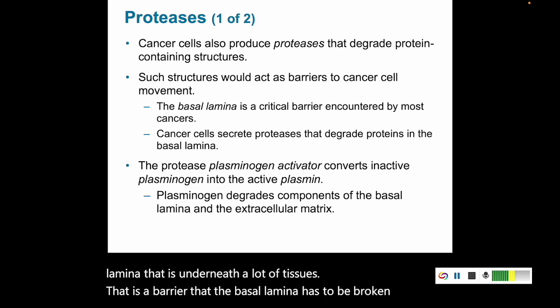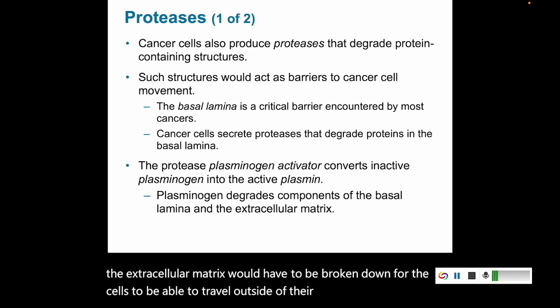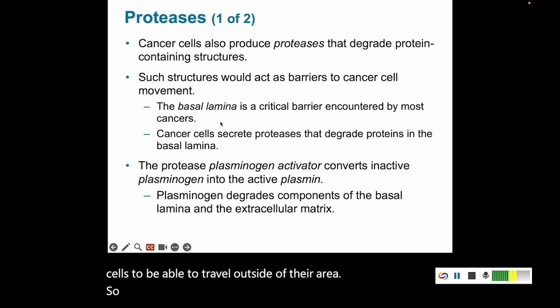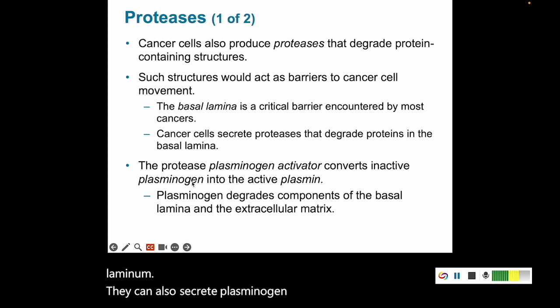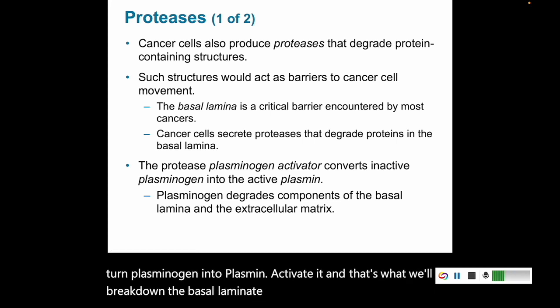Or the extracellular matrix would have to be broken down for the cells to be able to travel outside of their area. So cancer cells will secrete proteases that degrade the basal lamina. They can also secrete plasminogen activator, which is going to turn plasminogen into plasmin and activate it. And that's what will break down the basal lamina and the extracellular matrix.